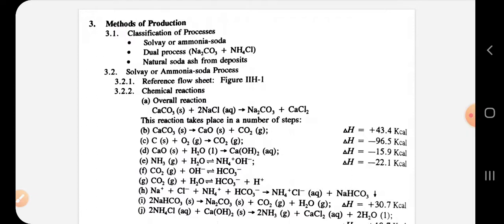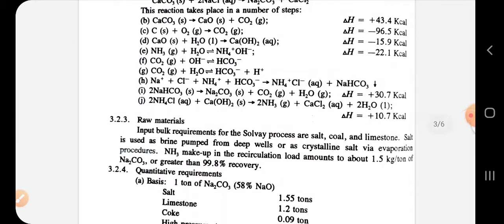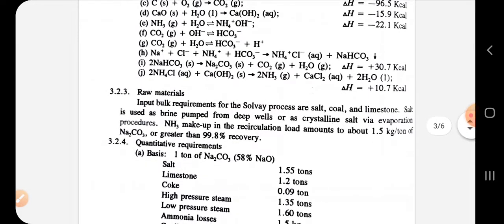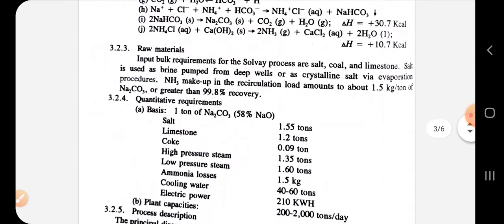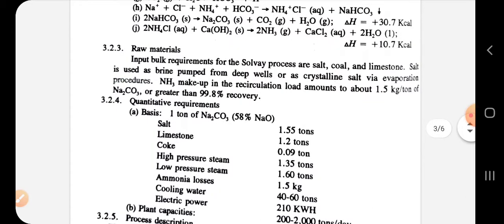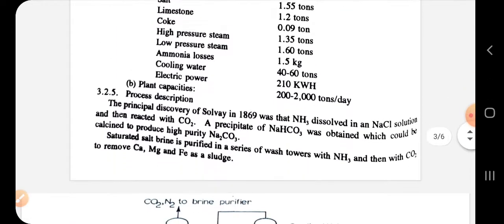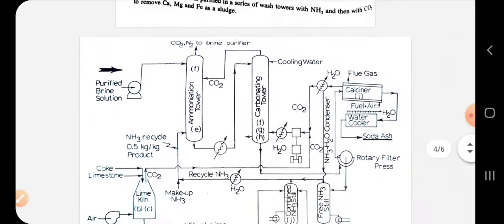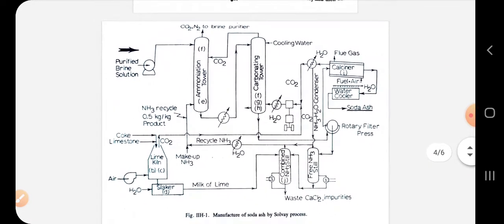So a number of chemical reactions are taking place during the process, and we will understand the process description from the flow sheet. Raw materials are salt, coal and limestone. These are the quantities of raw materials required, and here is the flow sheet of soda ash manufacturing by Solvay process.